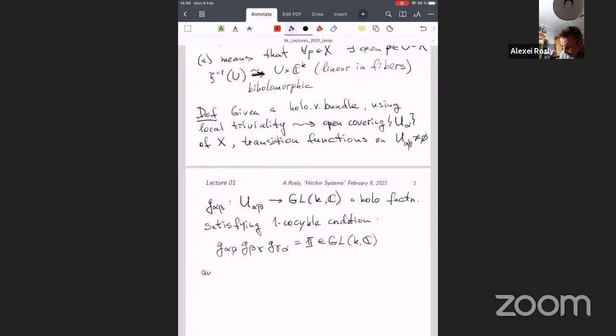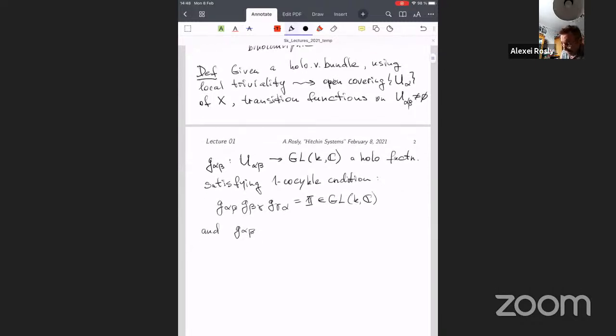And the transition functions are defined up to gauge transformations. Again, for holomorphic bundles, these should be holomorphic gauge transformations. So they are defined up to change.